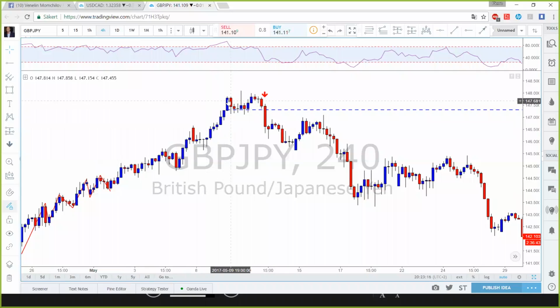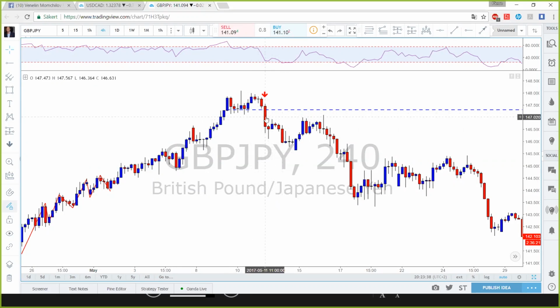So you have this top, you have your shooting star that you usually wait for, you have some other stars here, and you have this break of the neckline with such momentum, and it shows you that some big money did enter this market.